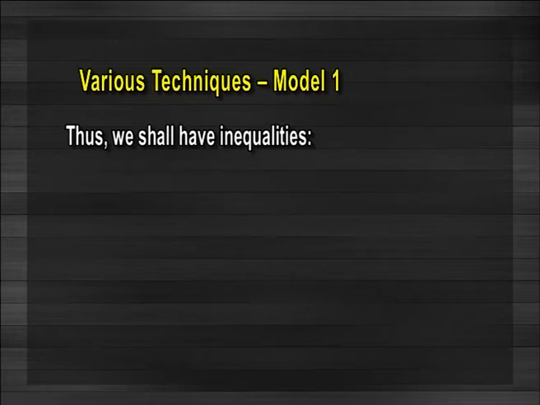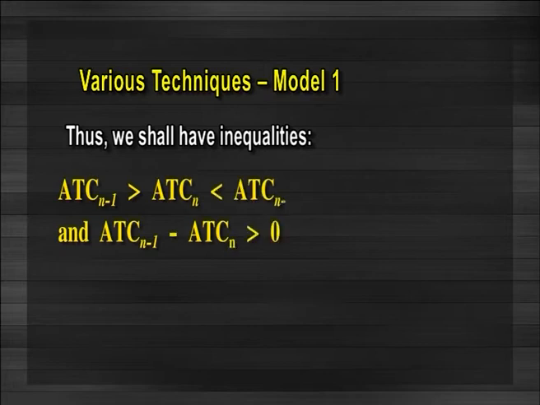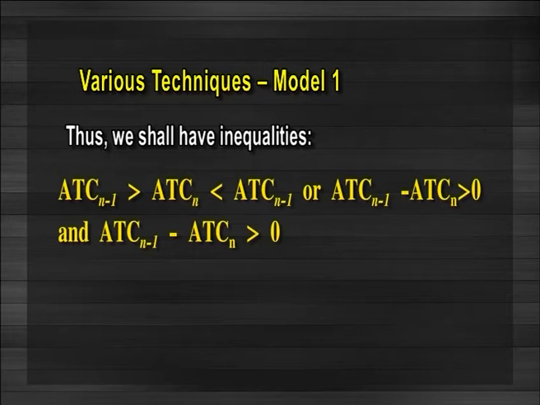Thus, we shall have the inequalities ATC of n minus 1 greater than ATC of n less than ATC of n plus 1, or ATC of n minus 1 minus ATC of n greater than 0, and ATC of n plus 1 minus ATC of n greater than 0.